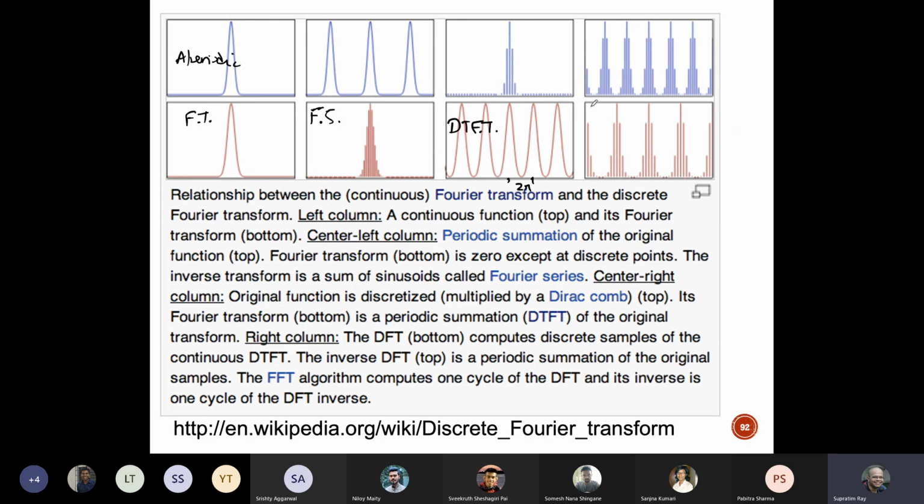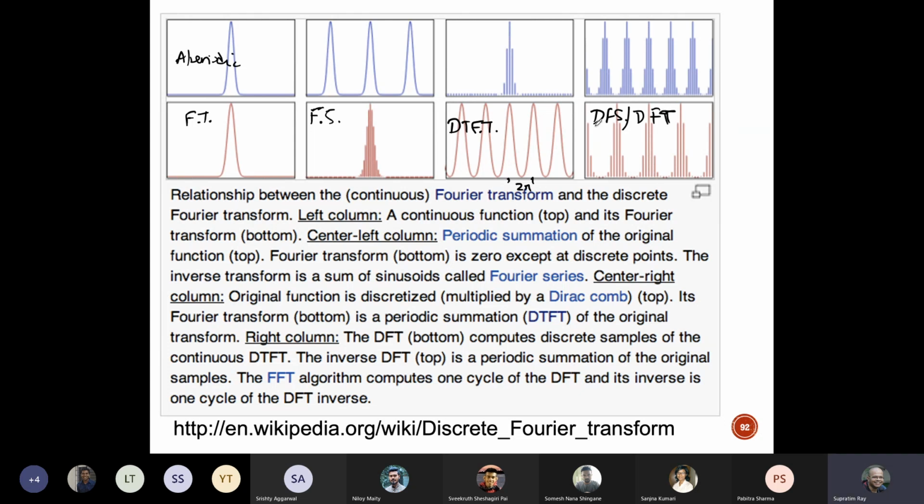And if I now take the signal and make infinite copies of it, then I don't need all frequencies like in DTFT. I only need n frequencies that are samples of the original DTFT. And this is my discrete Fourier series, or equivalently here in this case, the discrete Fourier transform.